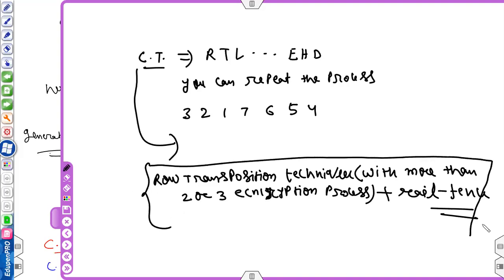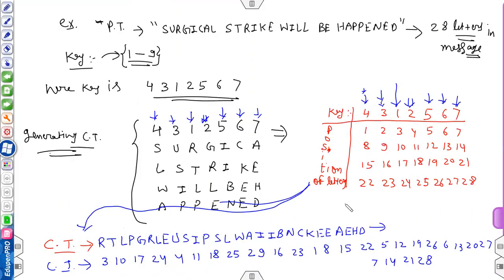After using both these transposition techniques, we can make this transposition method very complex. So these are the simple methods, the basic cipher techniques.